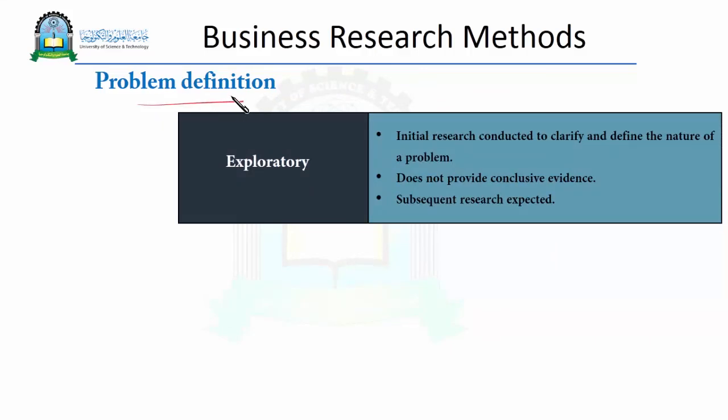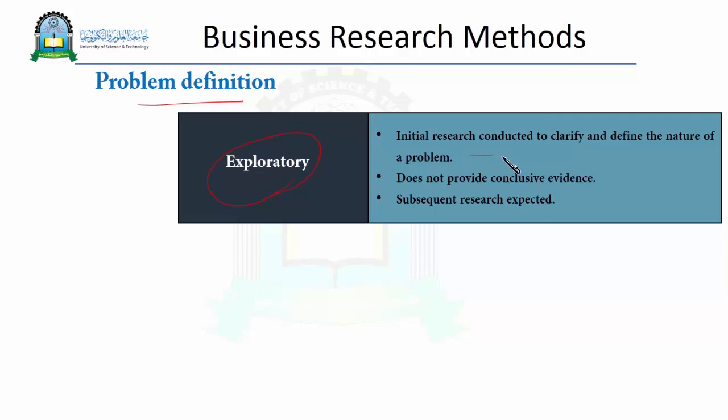The third classification is types of research dependent on problem definition. It is divided into three types. The first type is exploratory, which is a type of research in which we don't know whether there is a problem or not, but we are going to do research to find out some irregularities.